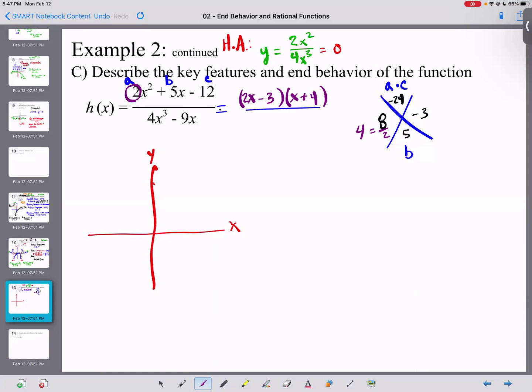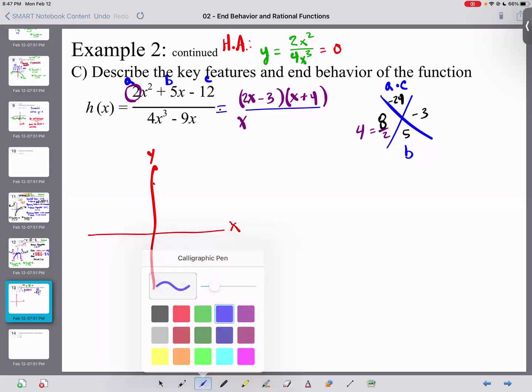Now in the denominator, there's a GCF. What do both terms share in the denominator? X. They both have an x.